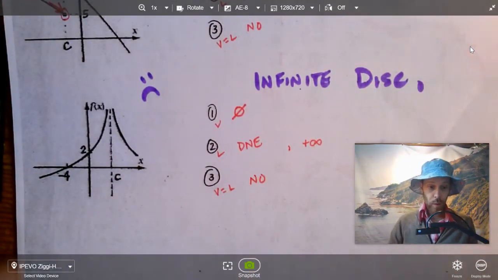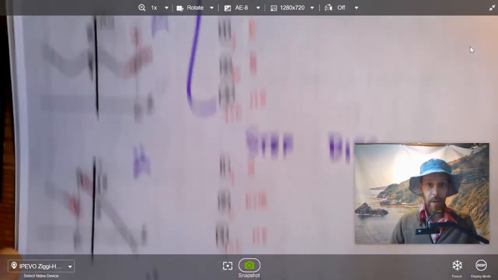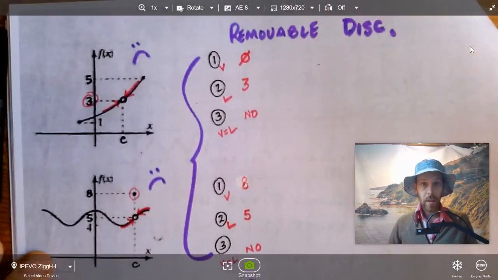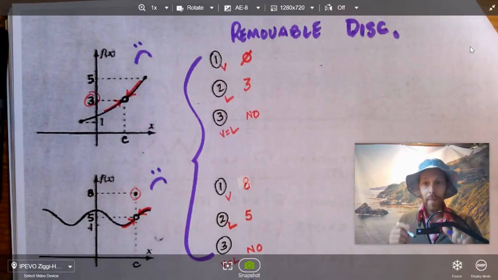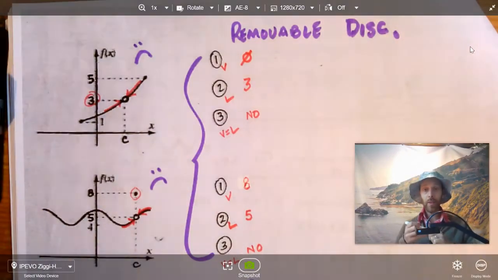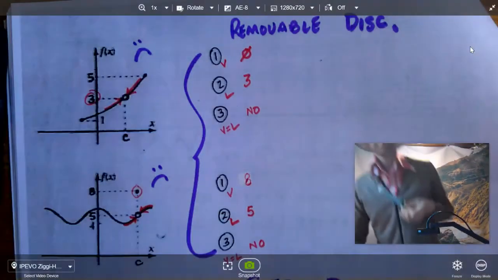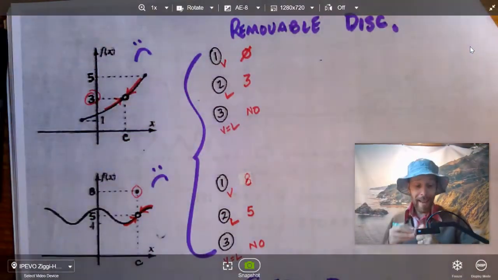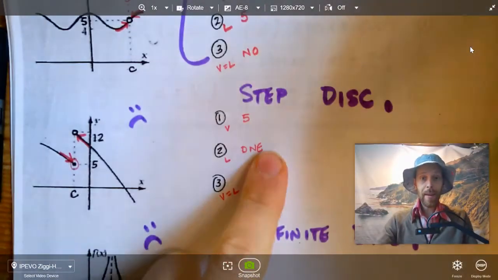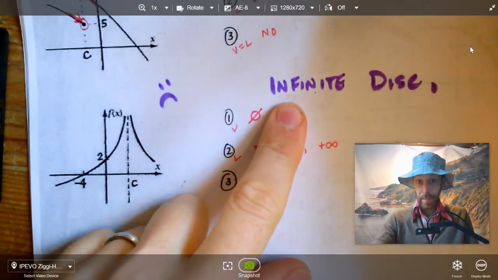All right, so last piece here is I want you to tell me what is special about the removable discontinuities. What do they have that the step and the infinite do not?